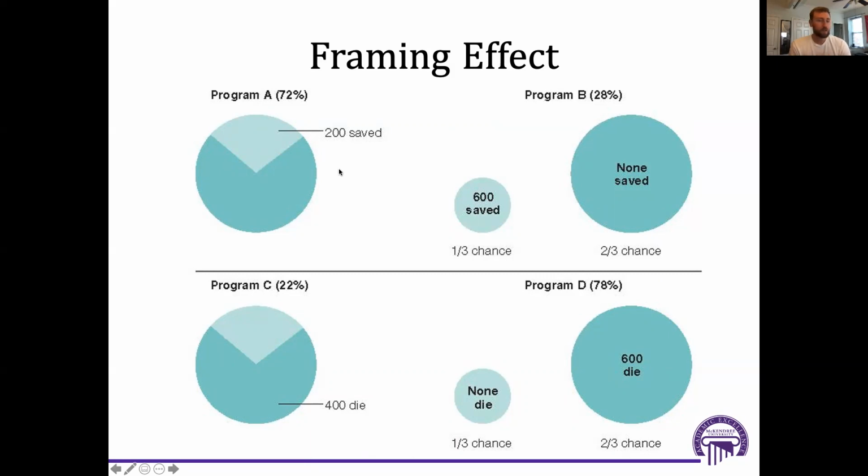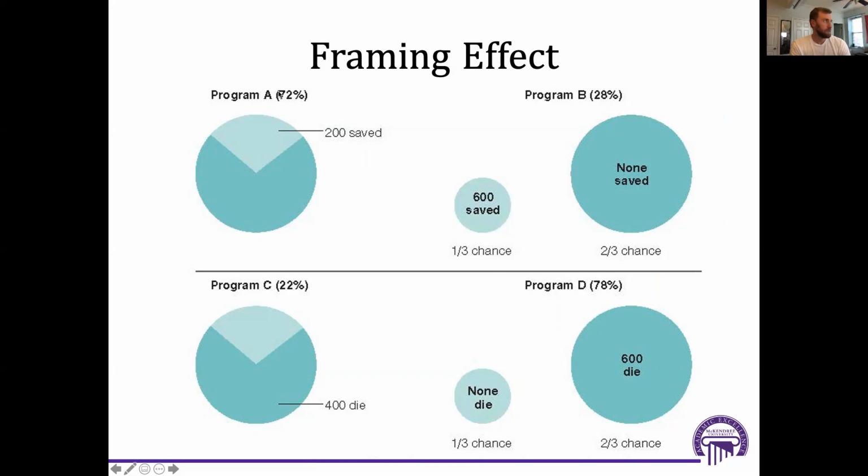So it's guaranteed that you'll save 200 lives, but there will be some deaths as a result. Or you can go with program B, where there's a one third chance, excuse me, that you'll save 600 lives, and there's a 2/3 chance that you will save no one, okay? So in this example here, there's only 600 people on the planet, okay? So would you choose program A or program B?